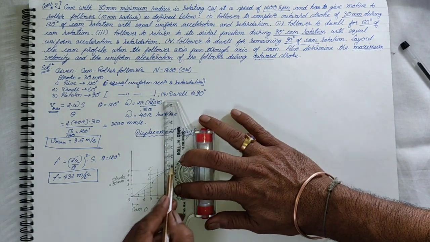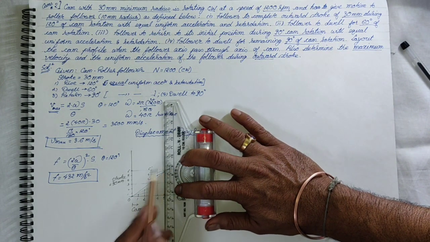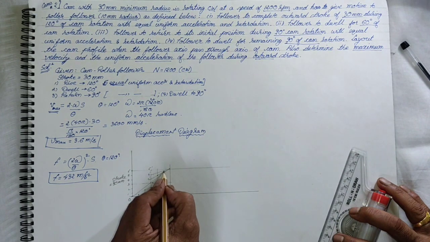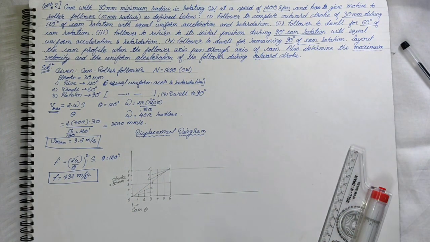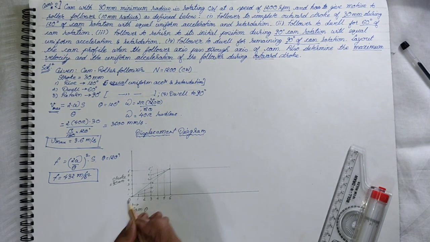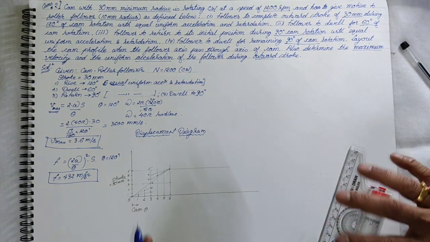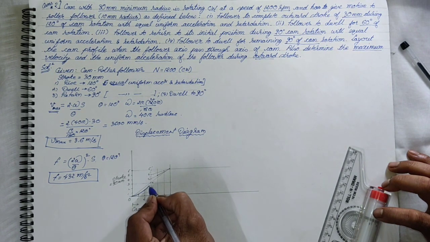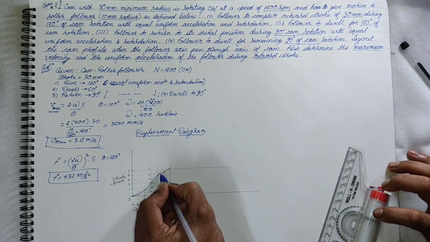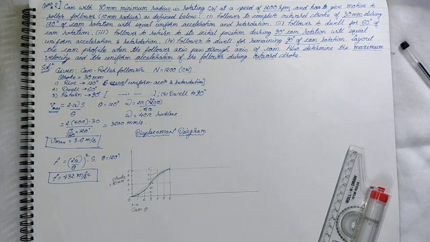From the 5th, at this column 5 dash, I get this as the 5th point and this as the 6th point. So when we join these points with a smooth curve, this is actually the displacement diagram for the rise.